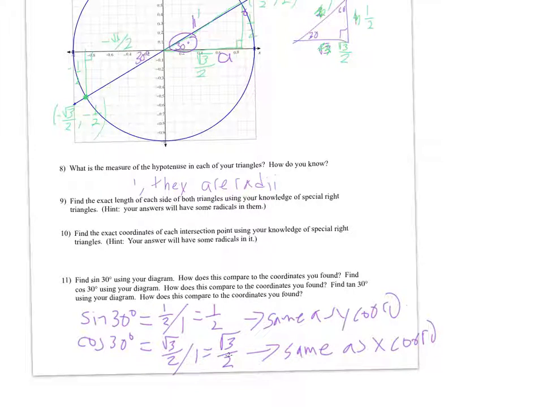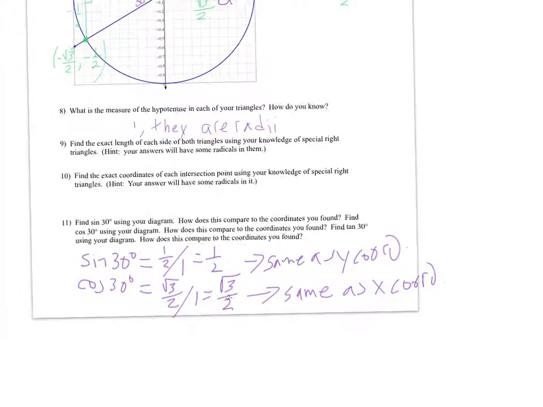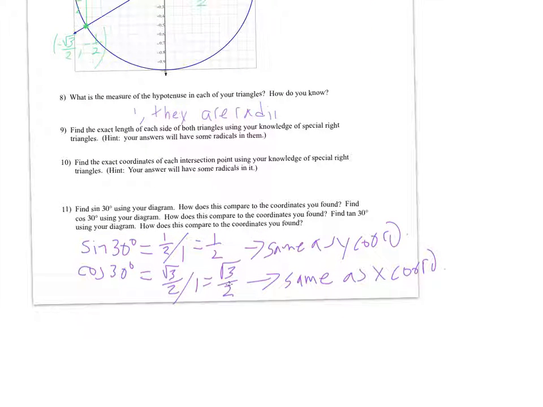Finally, tangent of 30 degrees is going to be the opposite divided by the adjacent, or 1/2 divided by the square root of 3 over 2, which I could rewrite as a division problem. 1/2 divided by the square root of 3 over 2 is the same thing as 1/2 times the reciprocal, or 2 over the square root of 3.